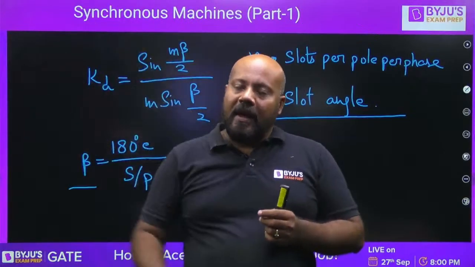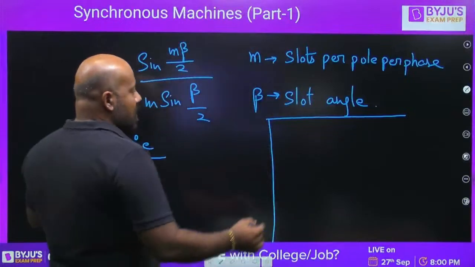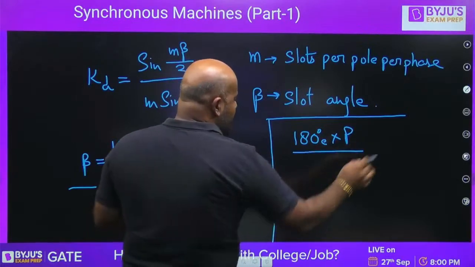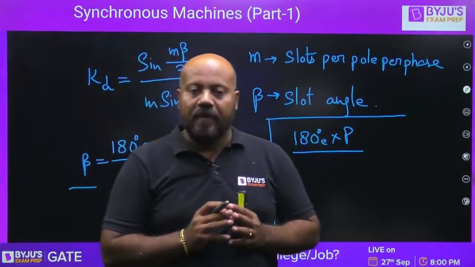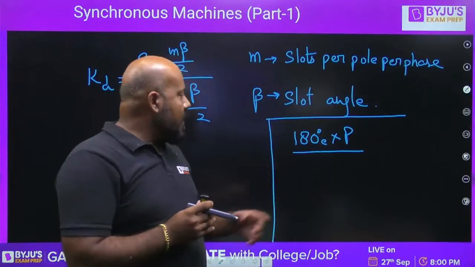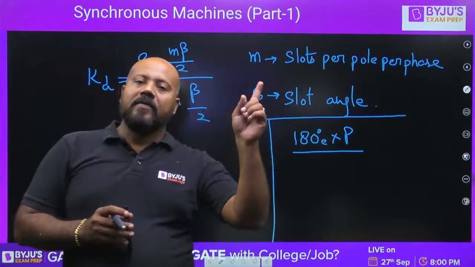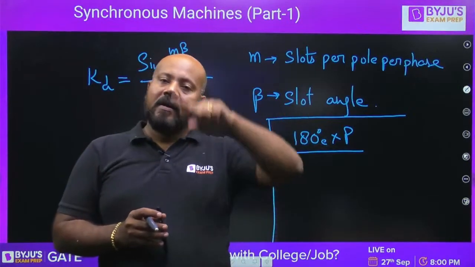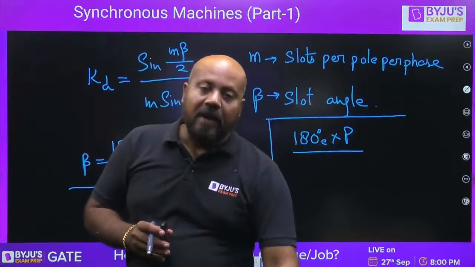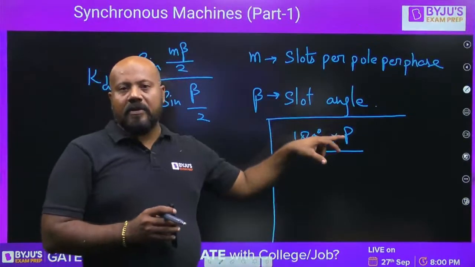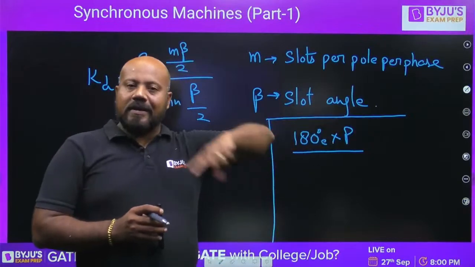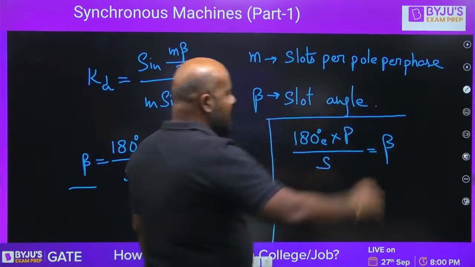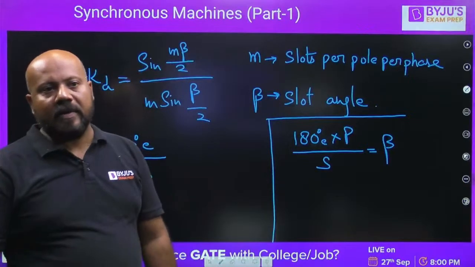The total angle is 180 degree electrical multiplied by the number of poles, because 180 degree electrical is the angle between two adjacent poles. So if there are p poles, the total 360 degree circumference is represented by 180 degree electrical into the number of poles. Divide this total by the number of slots, and that will be your beta. Is it clear, everybody?